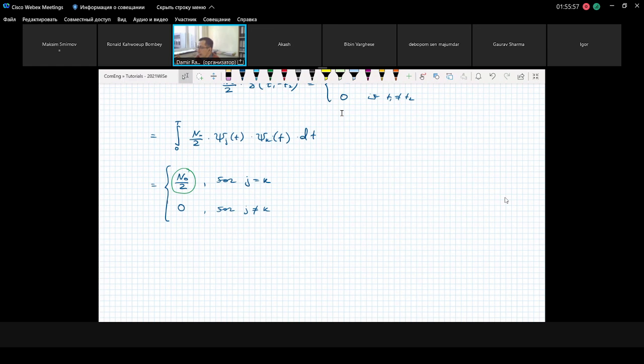It's not white anymore. It will be band limited, and you have limited power, which equals N0 over 2. Later on we will use this interesting result all the time, that we can get the power of noise if we know the power spectral density of it.